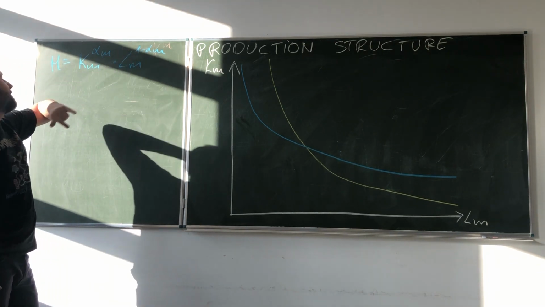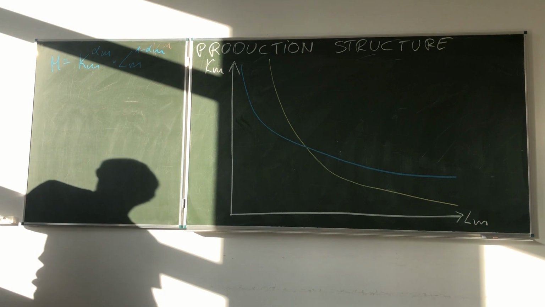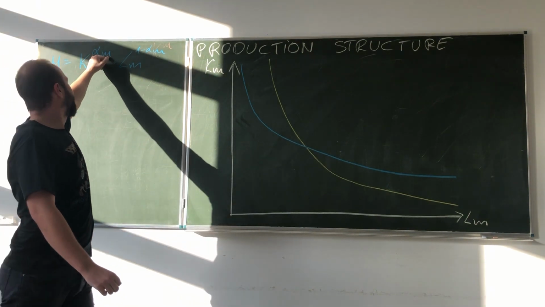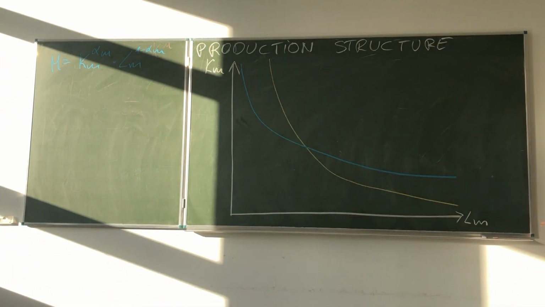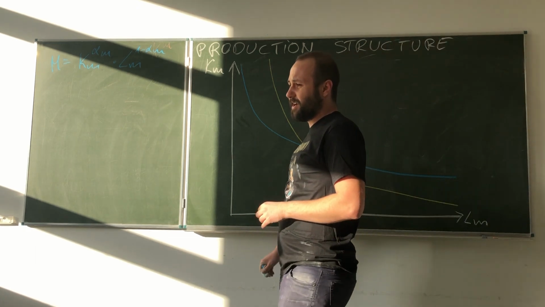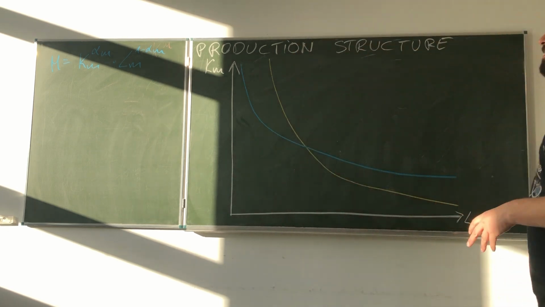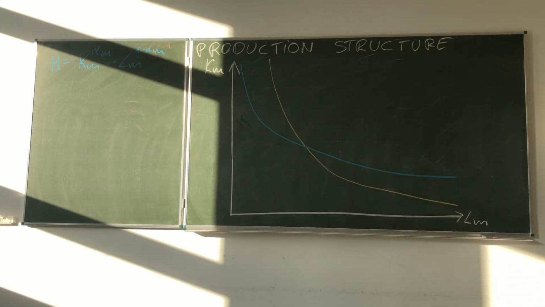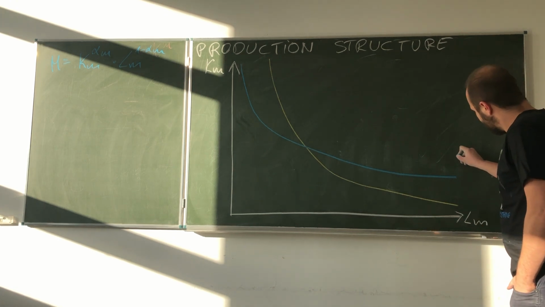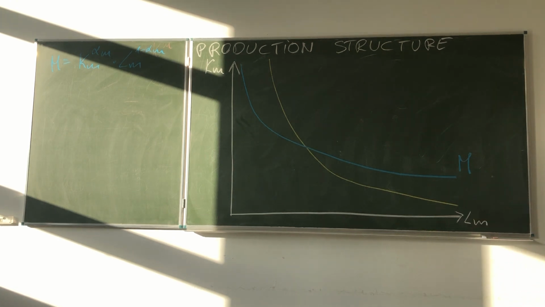I hope you can remember from everything we did with the Cobb-Douglas production function that those parameters are measuring factor intensity. The higher the value of the alpha parameter, the higher the share of capital needed in order to produce this good. So we can say that in this case, manufacturing, this technology is capital intensive.